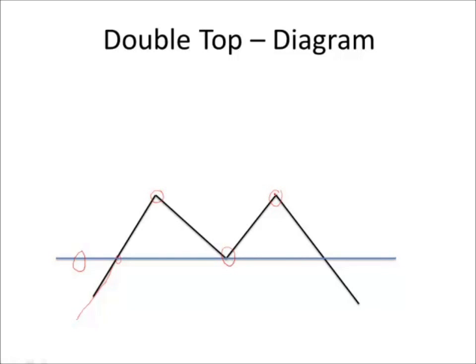This is the second top, and then it carries on downwards, and again this here becomes our important point. This is the breaking of the neckline. This also constitutes the completion of the double top pattern, and the price carries on its downtrend.